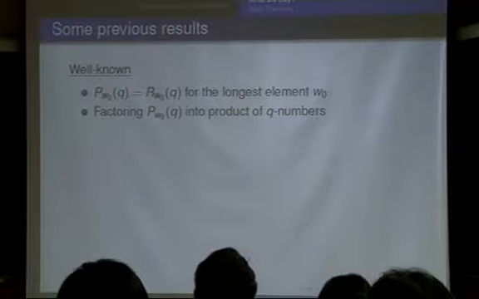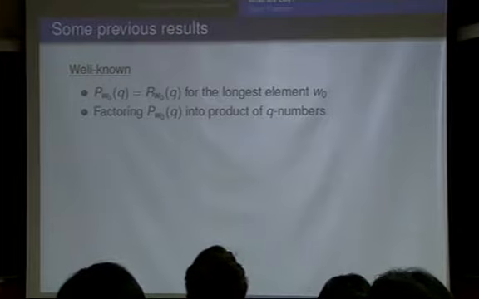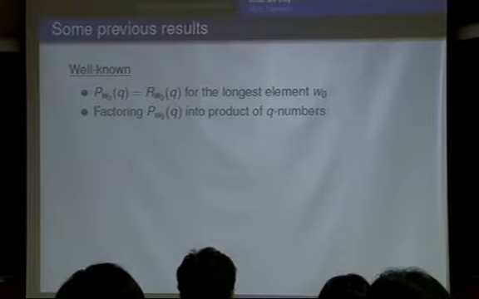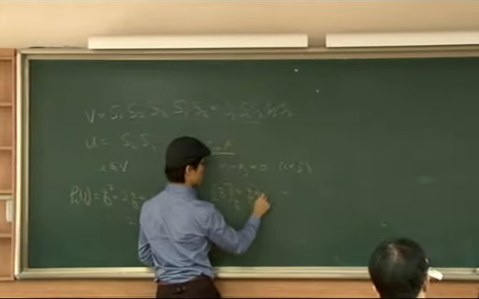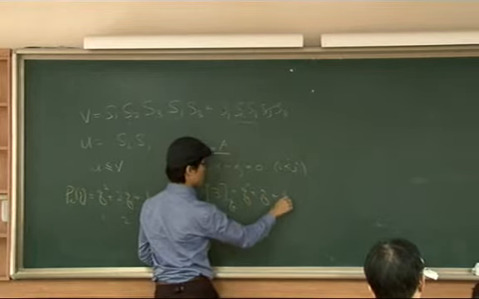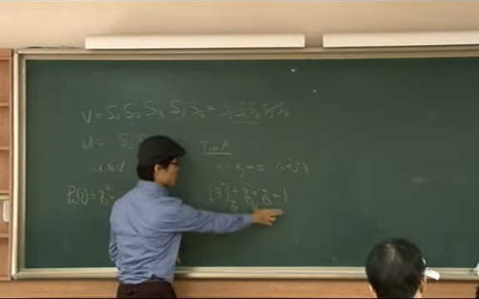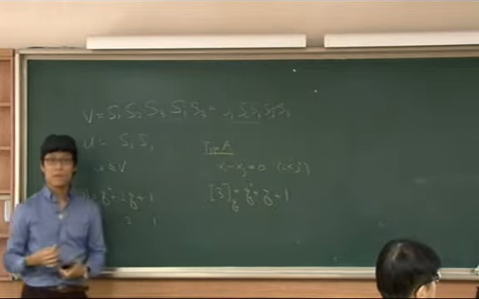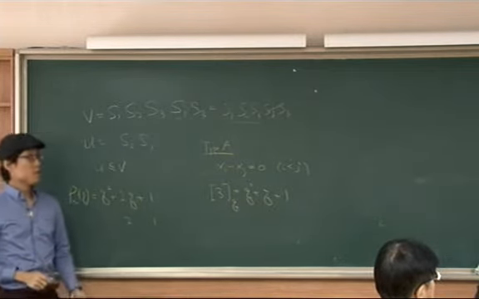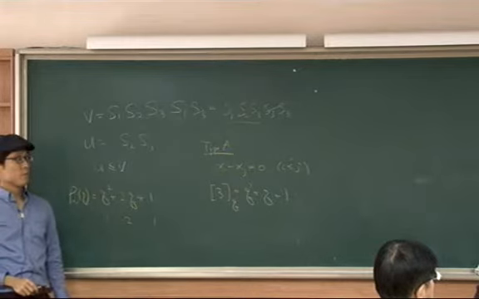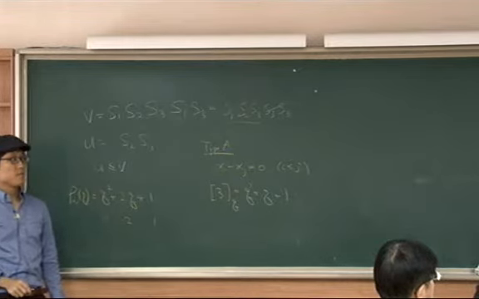It factors into a product of q-numbers. For example, the q-number of 3 is q squared plus q plus 1. So if we plug in 1 for q, we get 3. It's a q-deformation of a natural number. And it is well known that the Poincare polynomial of the longest element factors into q-numbers.